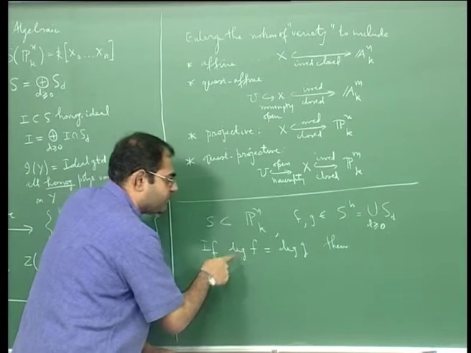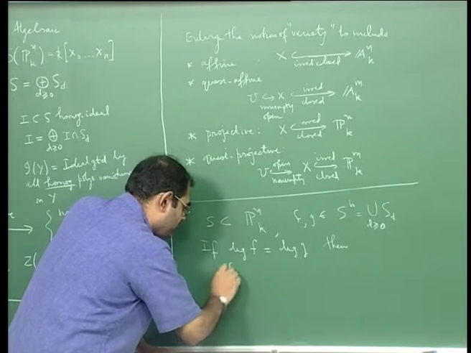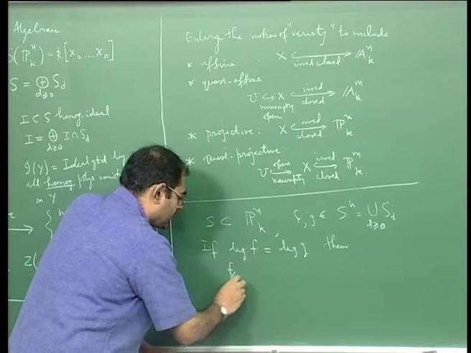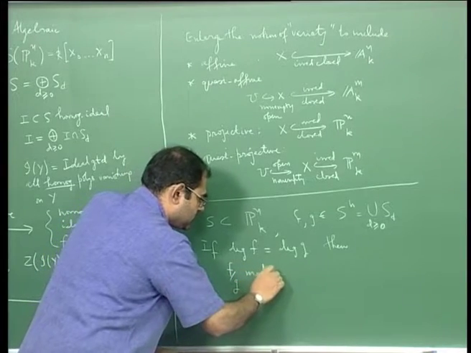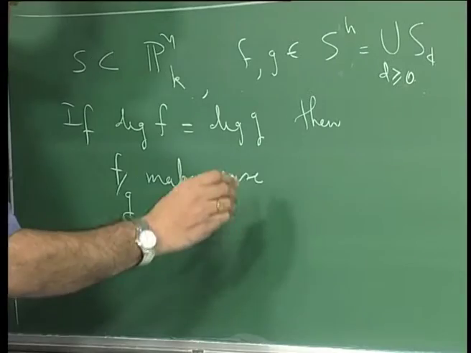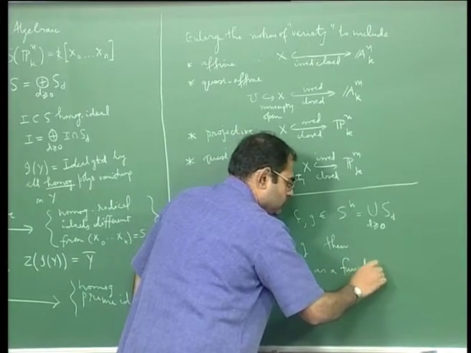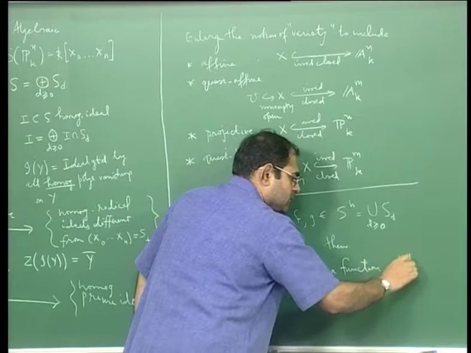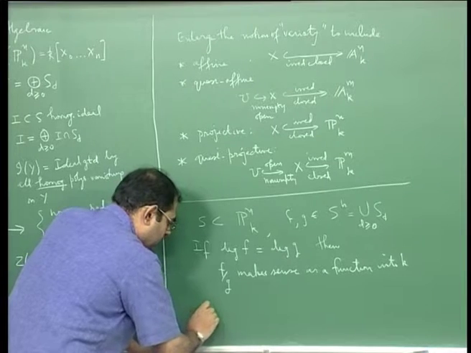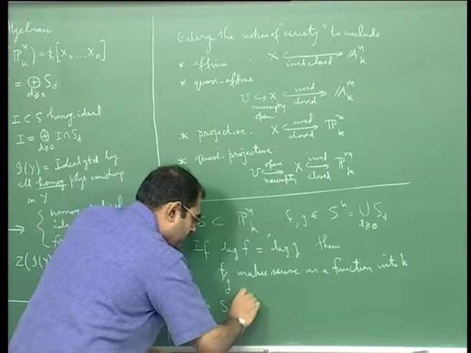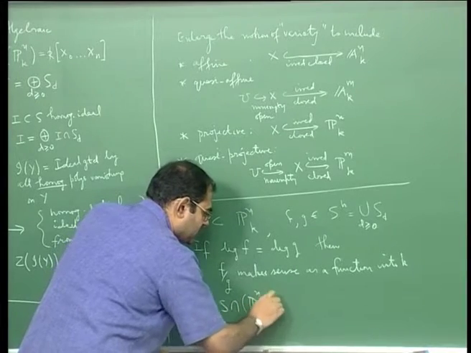If both of them have the same degree, then F by G makes sense as a function into k on S intersection the complement of Z of G.